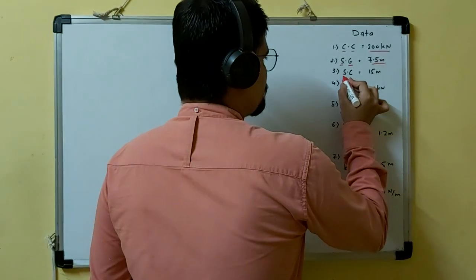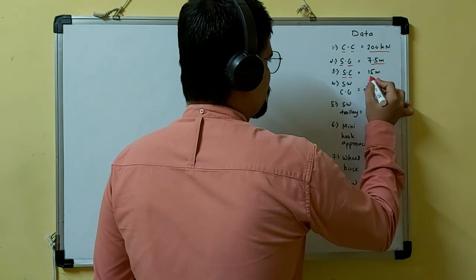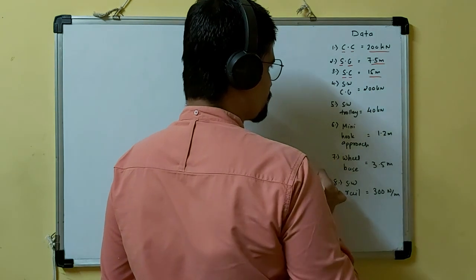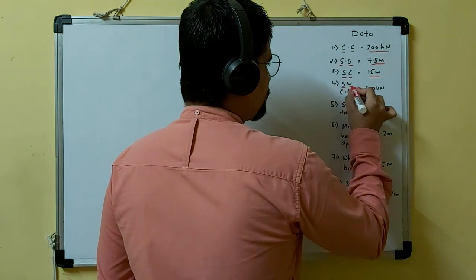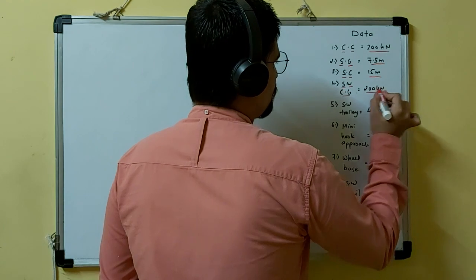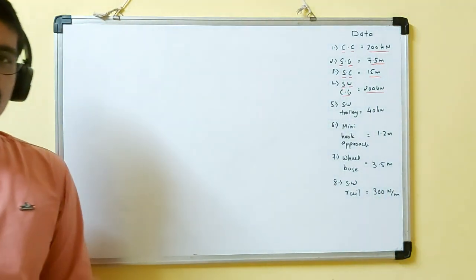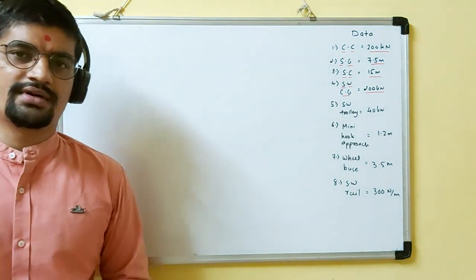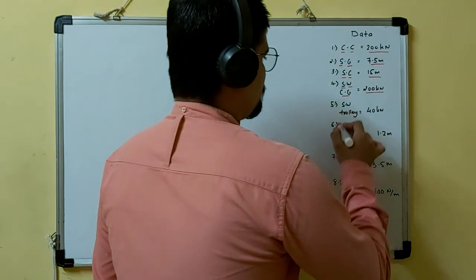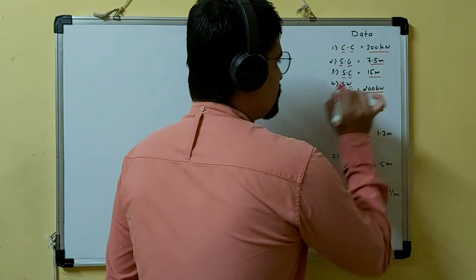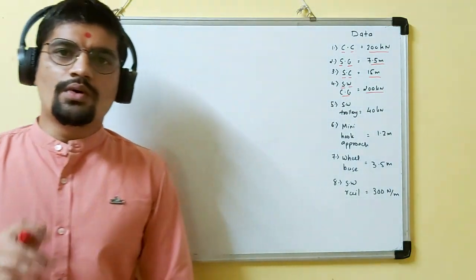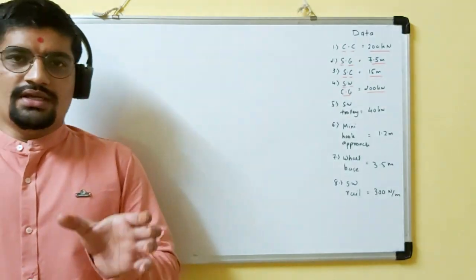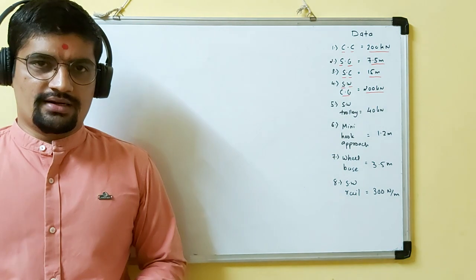This is the span of crane girder. It is 15 meter. This is the self weight of crane girder, 200 kilonewton. Means the crane girder has its self weight of 200 kilonewton, excluding trolley. We know that the trolley is placed on the crane girder.